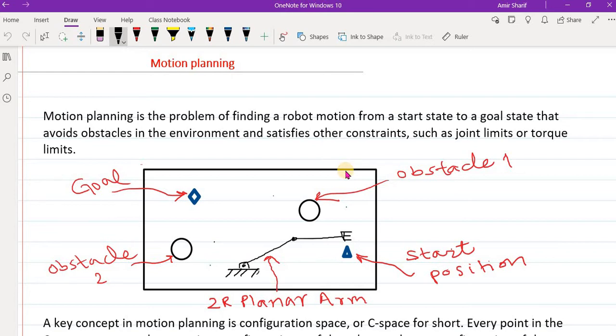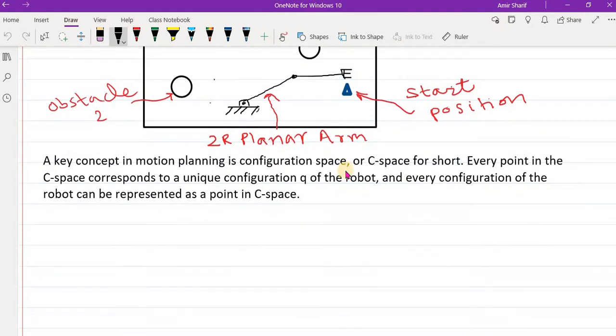Sometimes it's 180 degrees, sometimes more or less than 180 degrees. So these joints have their own angular position limits, and also torque limits. We have to consider these two things while motion planning for our planar robotic arm. This entire process we call motion planning.